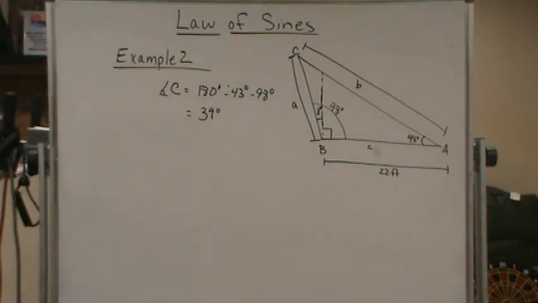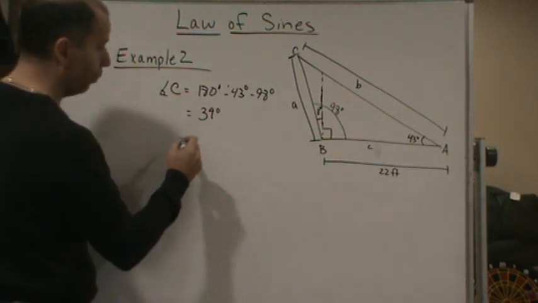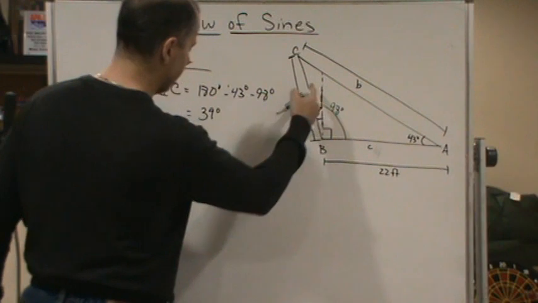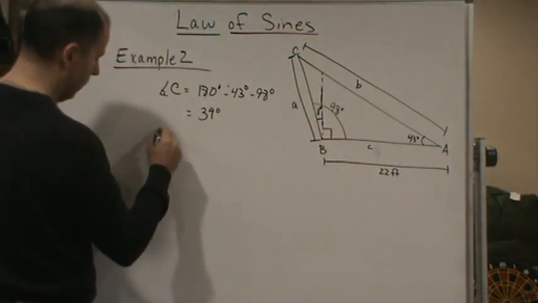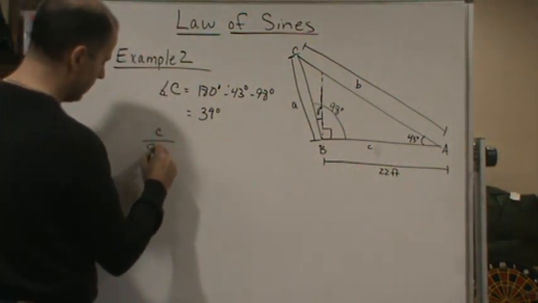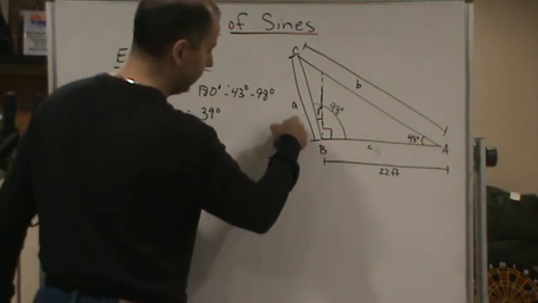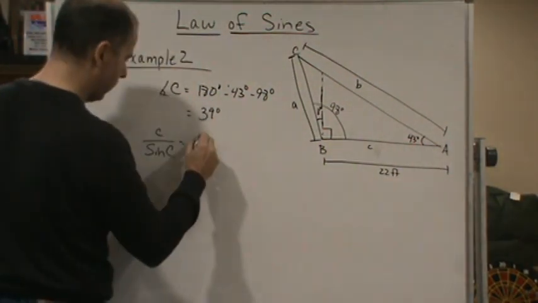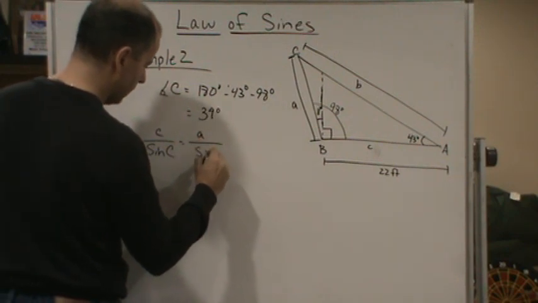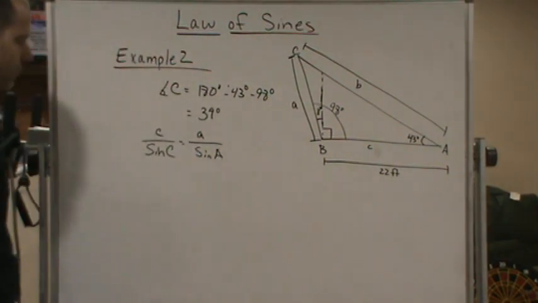Okay, and so now we've got enough information to solve for the flagpole. In this case we have C and angle C, so now we just go C over sine C, and now we need to find A, so we're going to use A over sine A. So that's what we're going to use.